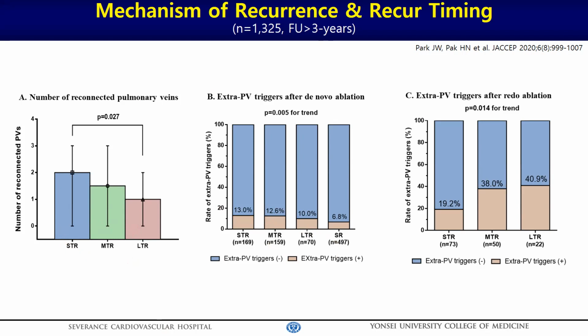However, in contrast, when 9% of those recurred patients underwent redo mapping, the rate of extra PV triggers was significantly higher in patients with later recurrence time after 3 years. These findings suggest AF progression and extra PV triggers contribute to very delayed recurrence after 3 years of the de novo procedure.